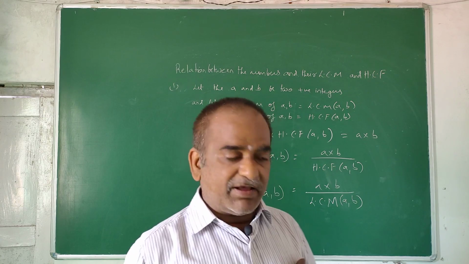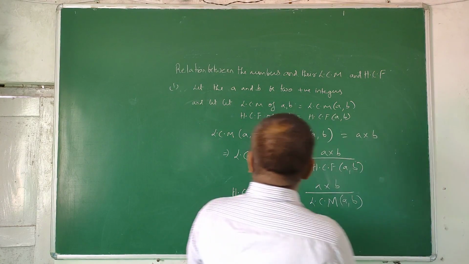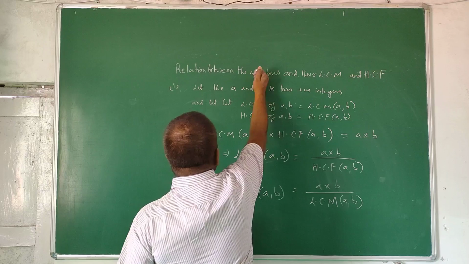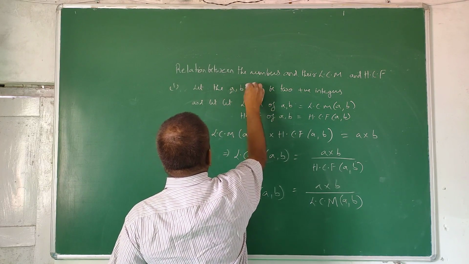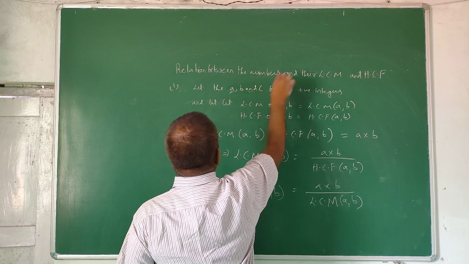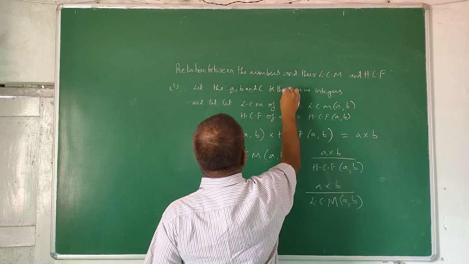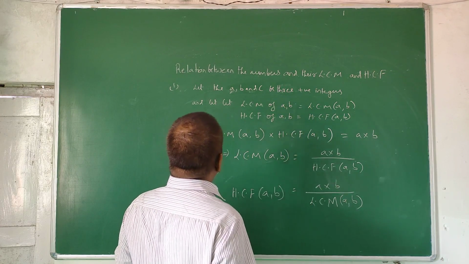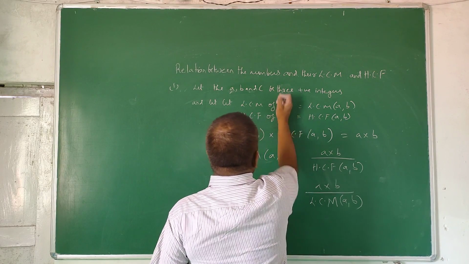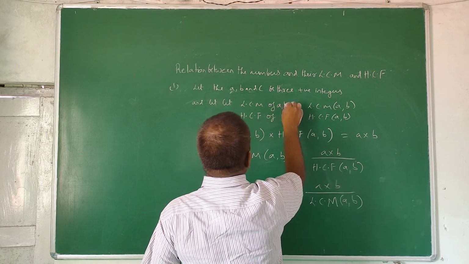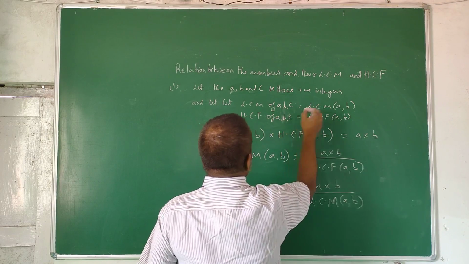Coming to three numbers. Let A, B and C be three positive integers, and let LCM of A, B, C and HCF of A, B, C be denoted in this way.